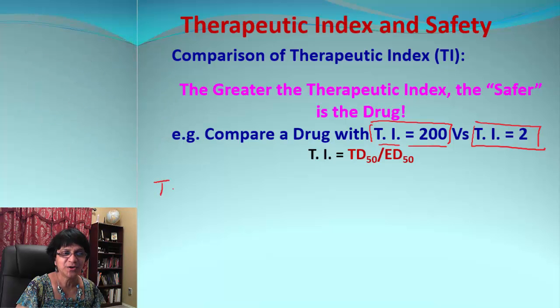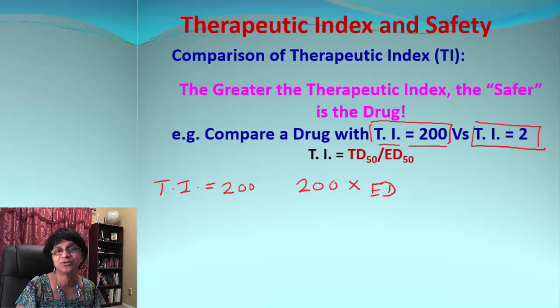For the drug with a TI value equal to 200, in order for that drug to be toxic, we need to change the concentration to 200 times the effective dosage, which is going to be a rare occasion. So this is going to be a relatively safe drug.